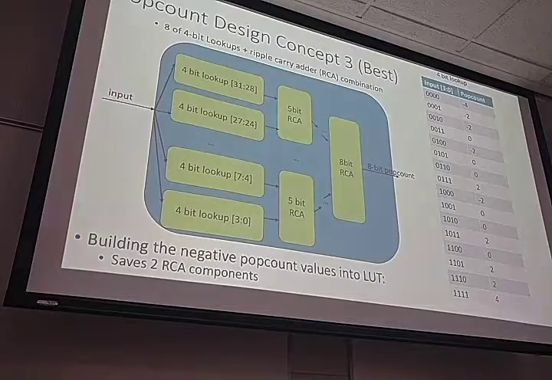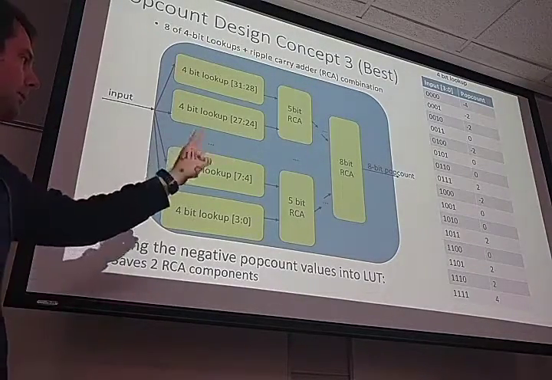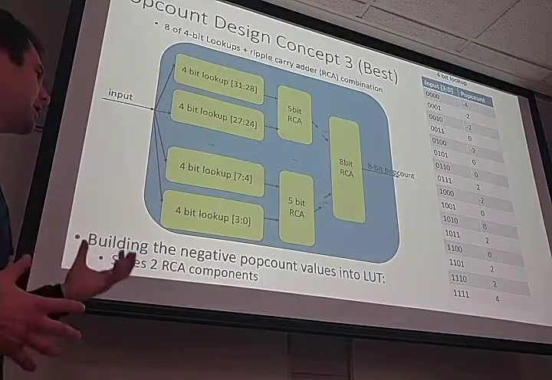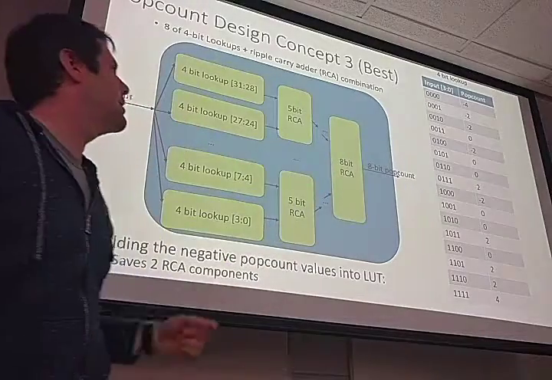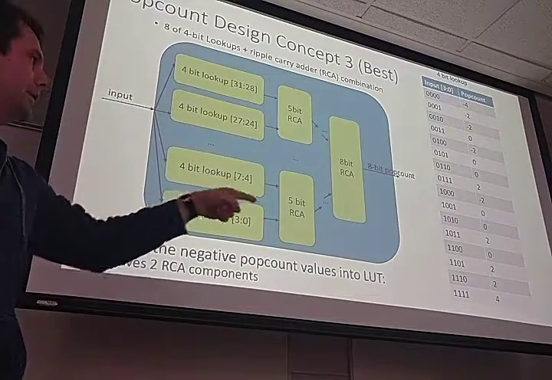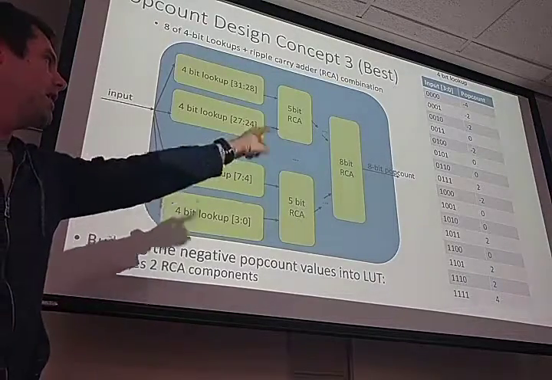So we further optimized this into our lookup table, which incorporates the true definition of pop count in accordance with this truth table over here. You can see we're counting the number of ones, doubling that, and subtracting that from the total number of bits to get the true pop count.